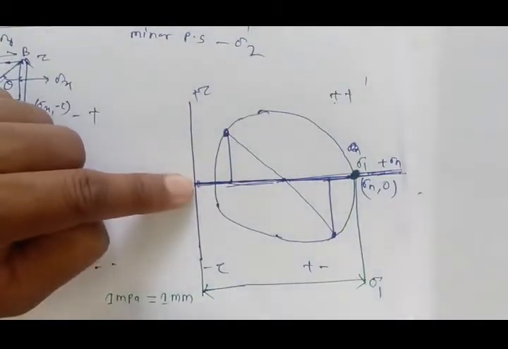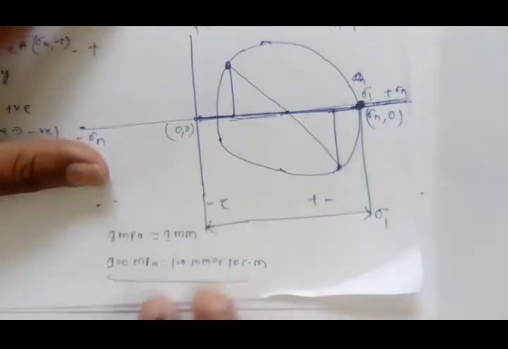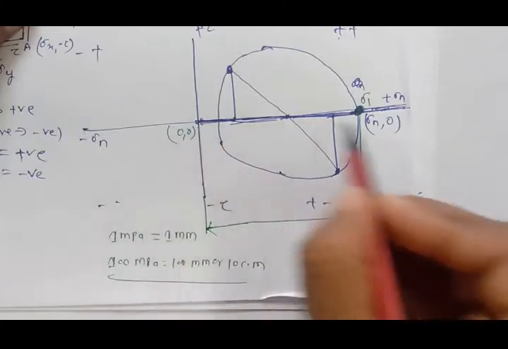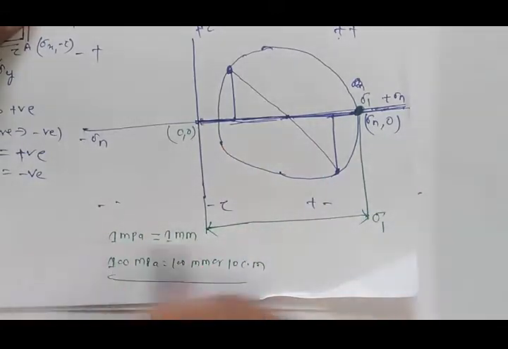So whatever stress value is given for sigma x, sigma y, you can convert in such a manner. Our 100 megapascal can be converted to 100 mm or 10 centimeters, or based on your convenience you can take this value and measure from here to here. Whatever the length is, you can convert it into megapascal. So this would be sigma 1.